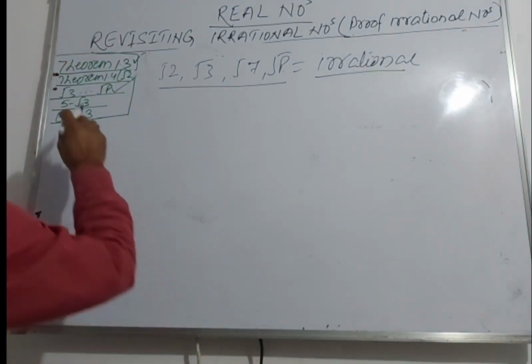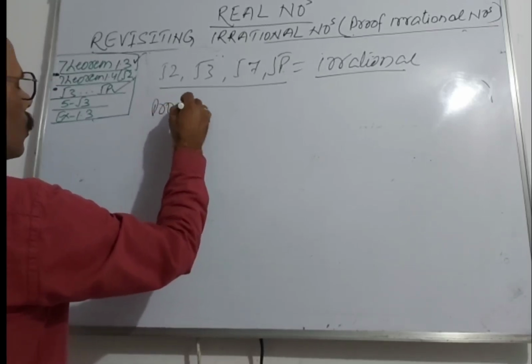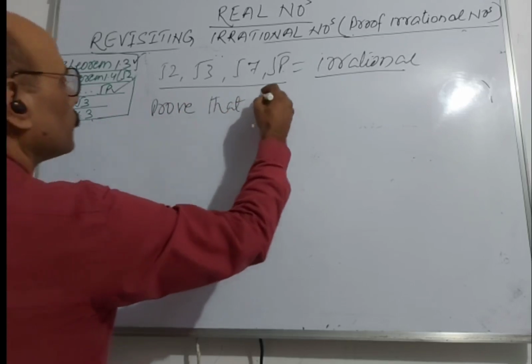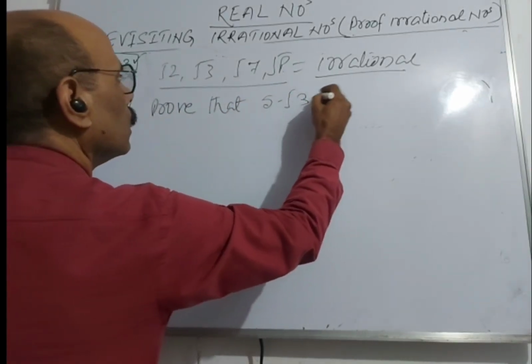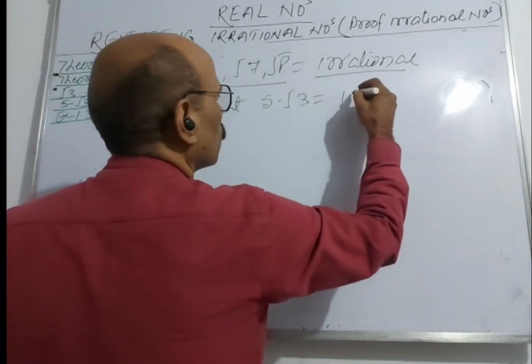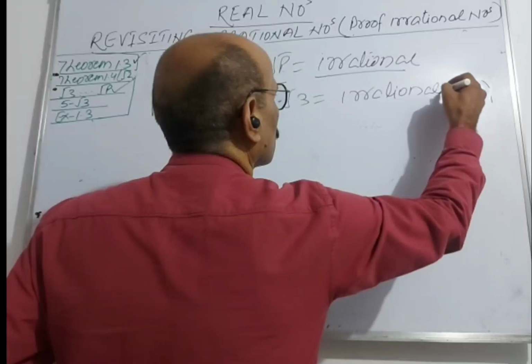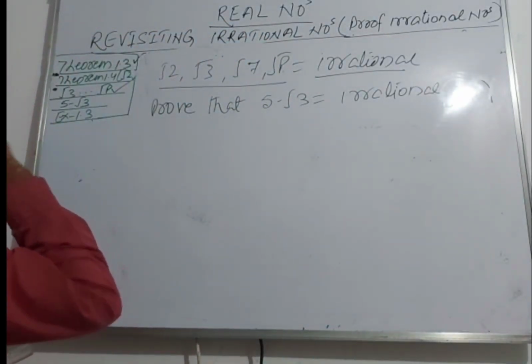So here, suppose we have to prove that 5 minus root 3 is irrational. Then what to do?